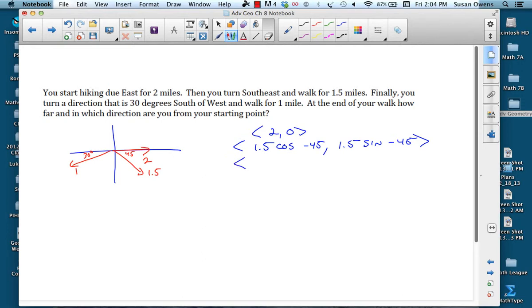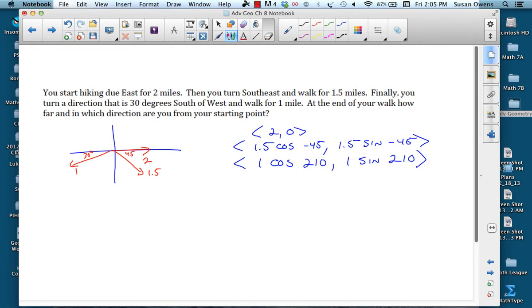Okay, the third one, what's the angle if 30 degrees was from 0? It's 180 past, what? It is 210. So this one would be 1 cosine of 210 and 1 sine of 210.